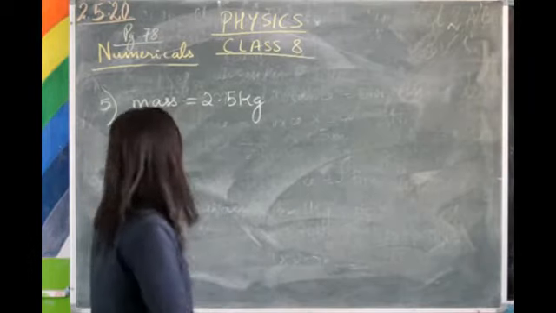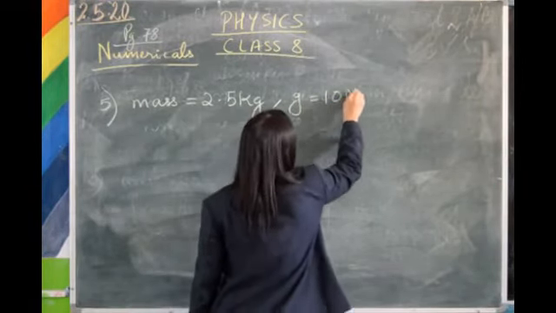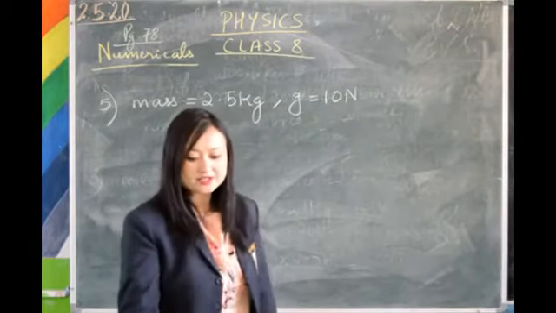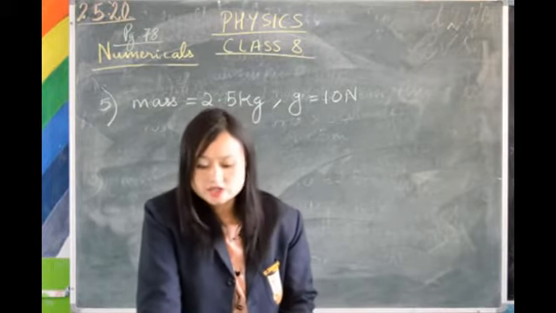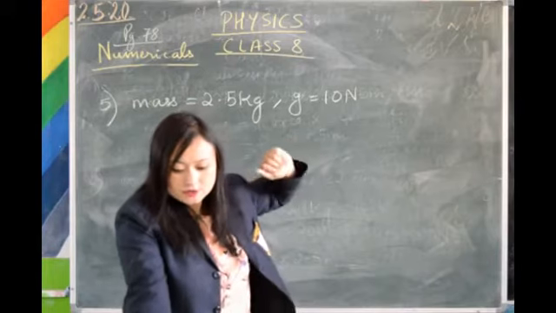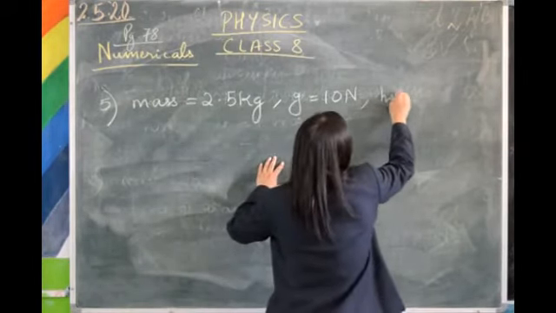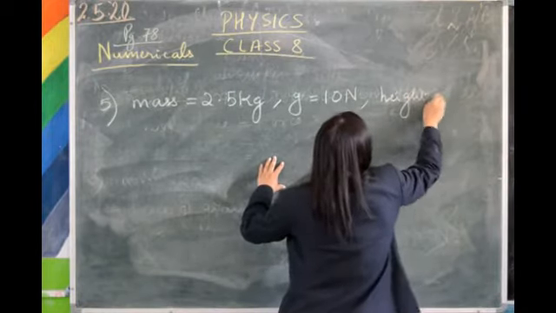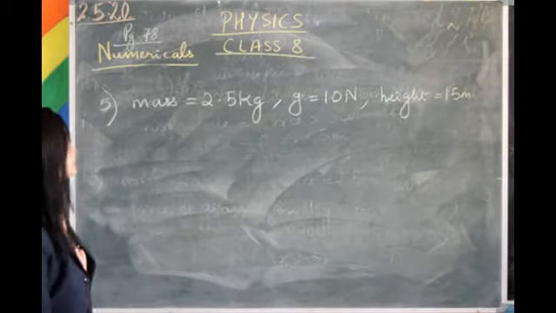Your g is given as 10 Newton. Here it says force of gravity. Force of gravity means your g, small g, that is acceleration due to gravity, which is equal to 10 Newton. And what is your height given? Your height is given as 15 meter.